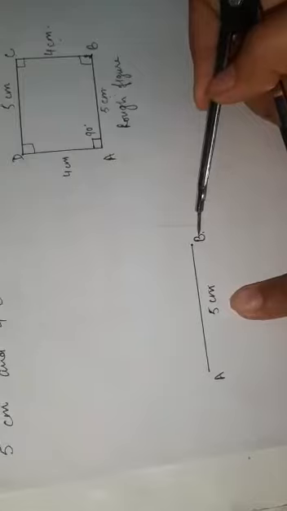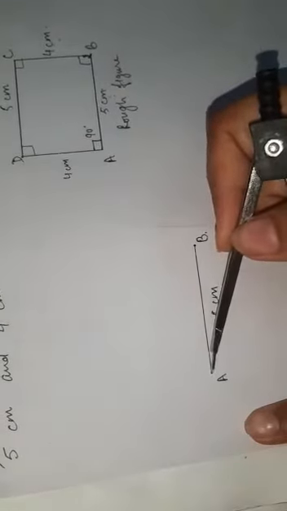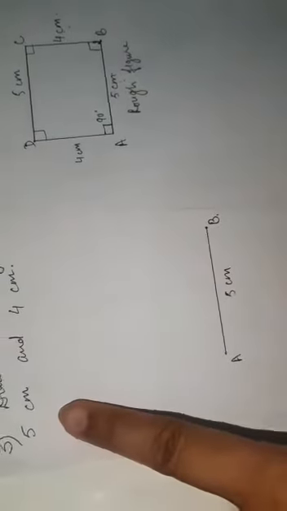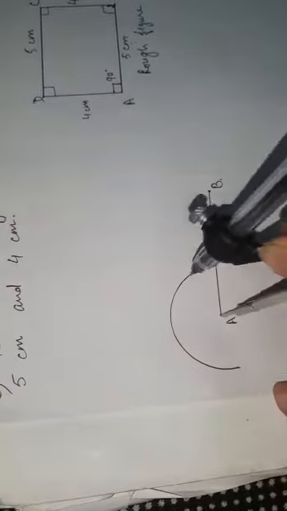AB is 5 centimeters. Now at point A, an angle of 90 degrees is to be made, and there were so many questions where we have made 90-degree angles, and I hope you all know the process. Firstly, draw an arc of any measure, and then keeping the radius same, draw another arc, and then one more arc.